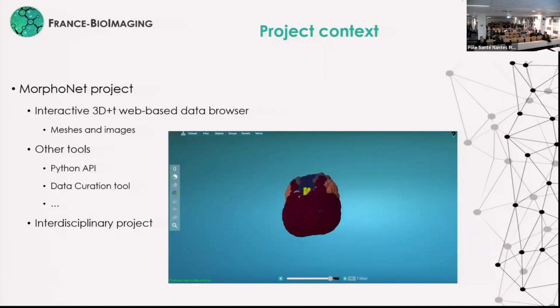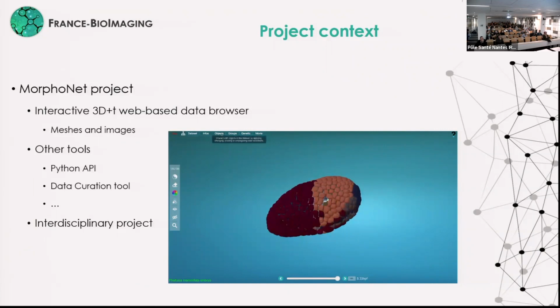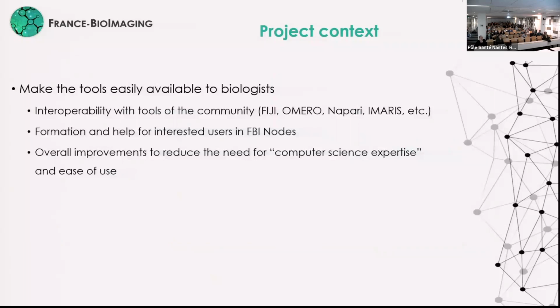So as you can see, it's a pretty interdisciplinary project because the target audience is biologists, but of course it is based on a lot of concepts of computer science, like computer graphics and so on. So in this context, the main idea was to make the tools easily available for biologists. So this goes into three kinds of axes.